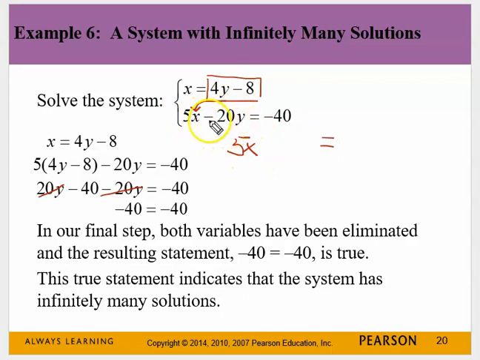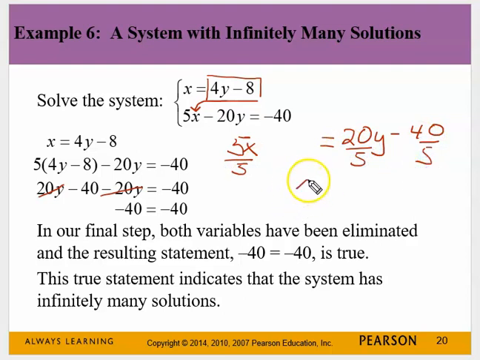So we transpose the negative 20y to the other side, where it becomes a positive 20y, and then a minus 40. And now we divide everything by 5, and we get x equals 4y minus 8. The same equation, it was just disguised.